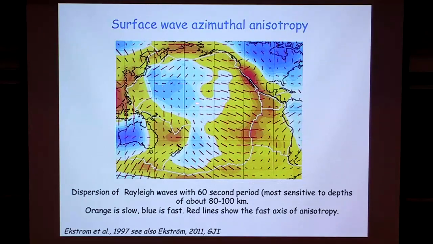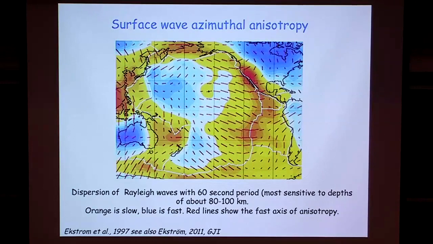Red is negative, slower than average. Blue is faster than average. And on top of it are represented these bars, whose direction is the direction of the fast axis and whose amplitude is proportional to the amplitude of this G term. And typically, there's no scale again here, but this would be maybe about 2%, I would say.